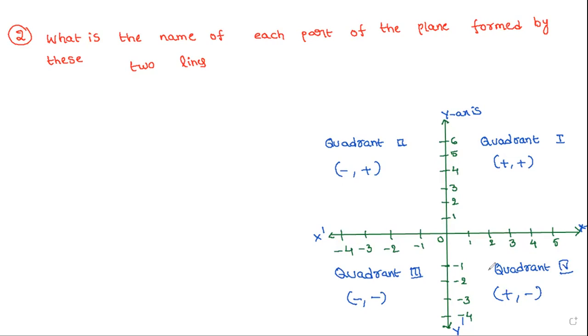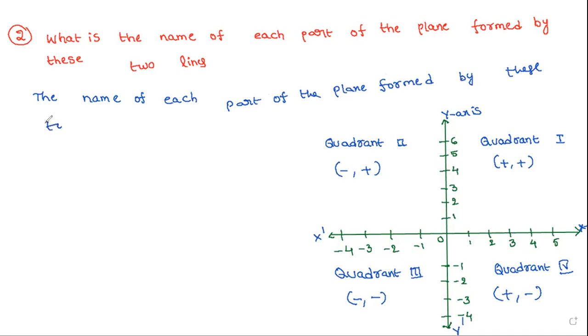Next, the last one. The name of each part of the plane formed by these two lines. Formed by which lines? The x-axis and y-axis.